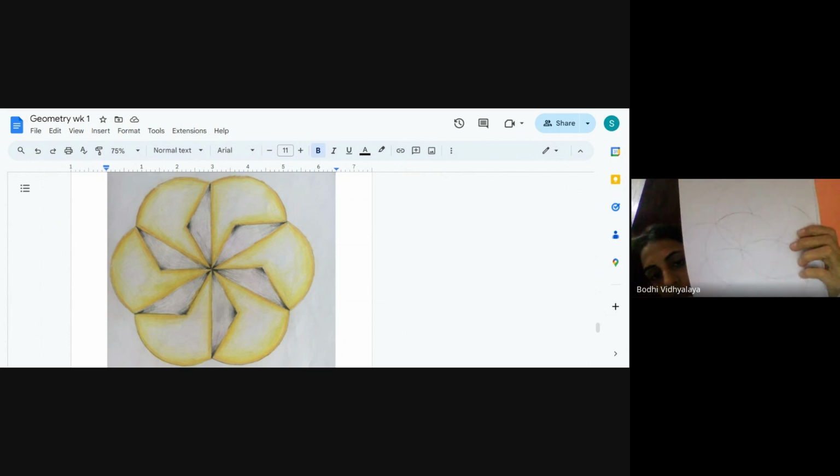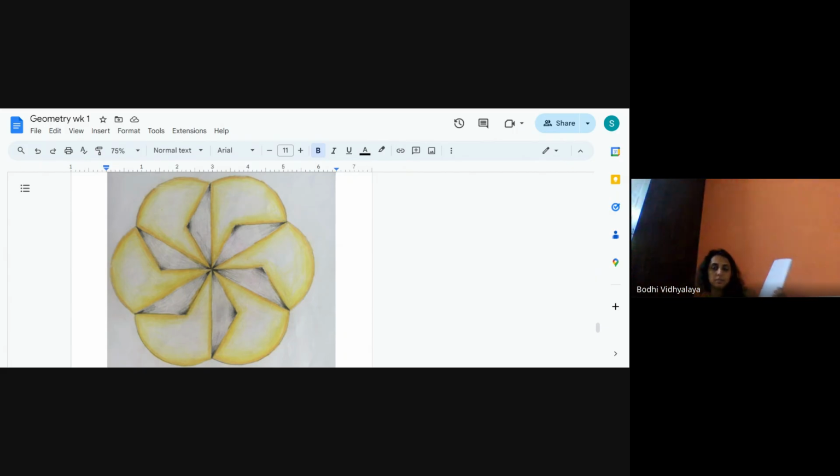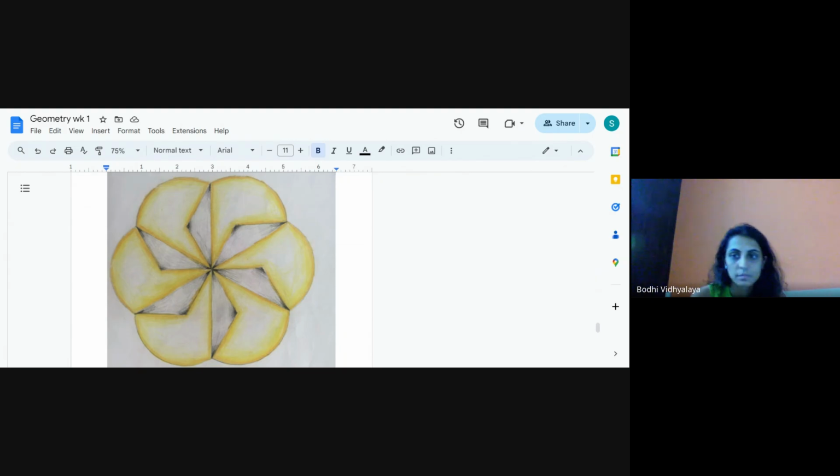Something like this. So from center, there is a line coming out and going and meeting this point.